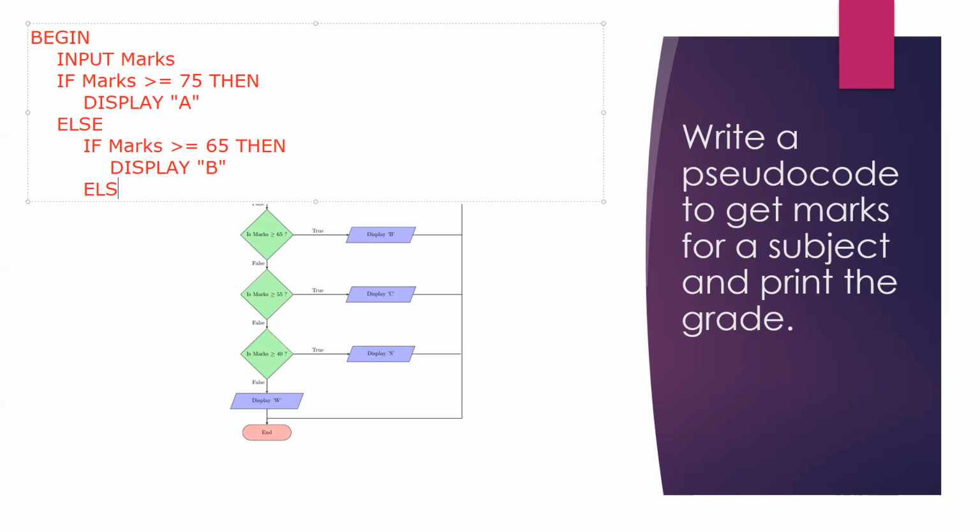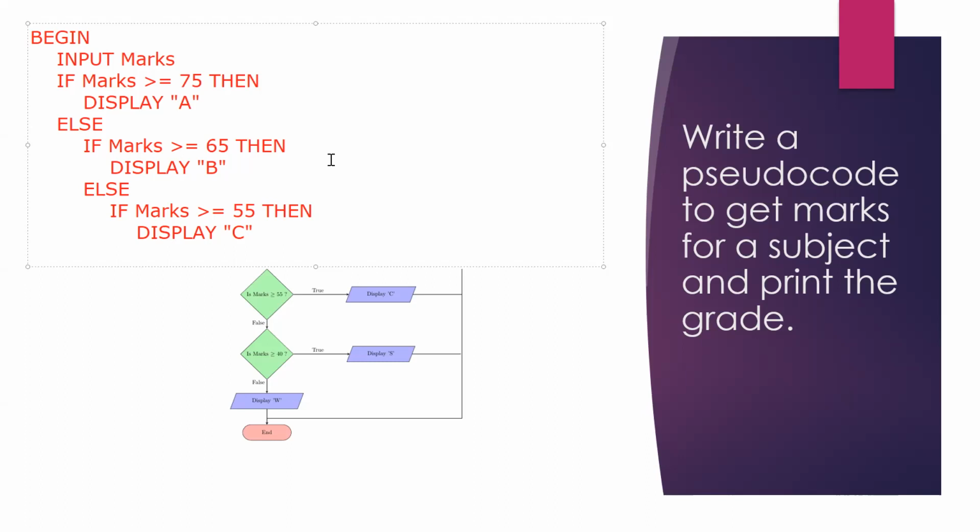Else, you have another if. It's within this. 55. Then we are going to say display C. Else, we are going to check again if marks greater than or equal to 40.